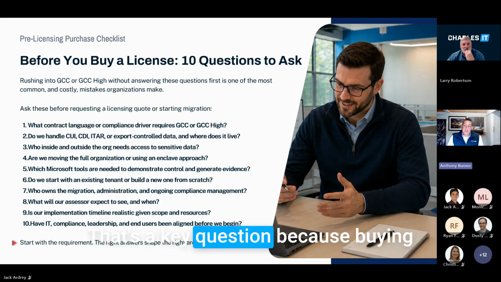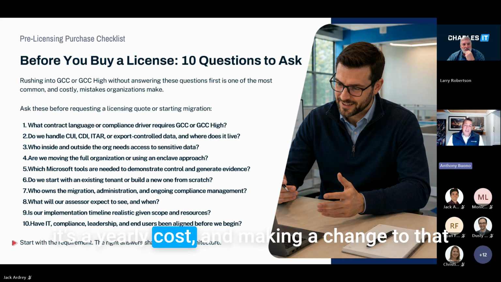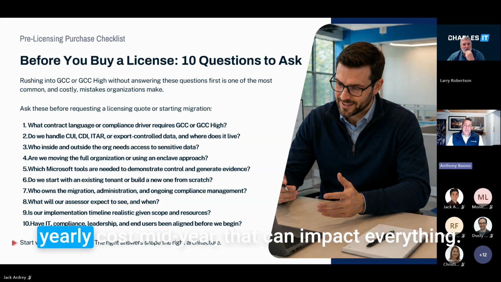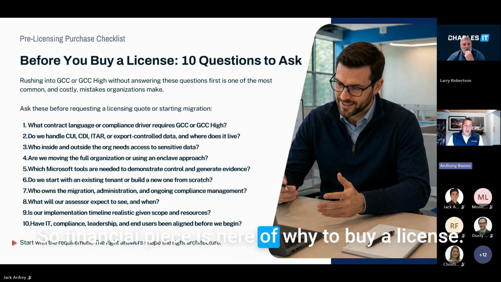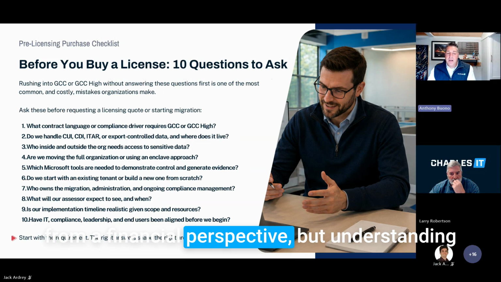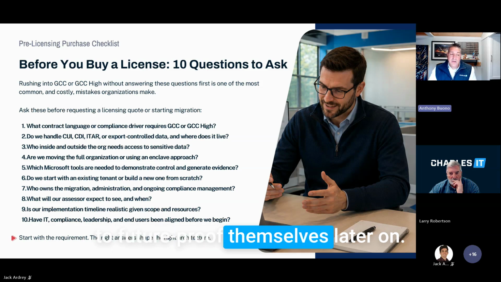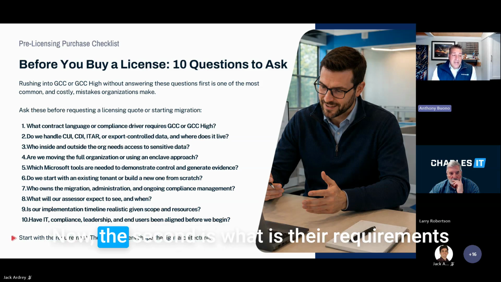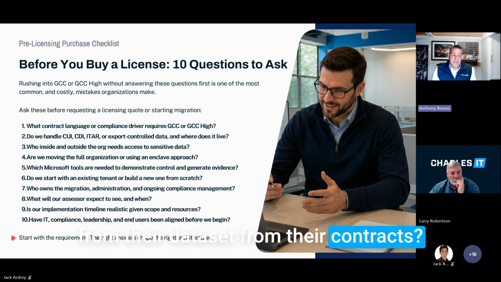That's a key question, because buying the license today is an investment. It's a yearly cost, and making a change to that yearly cost mid-year can impact everything. So there are financial pieces here of why to buy a license, but it also helps them future-proof themselves later on. Now, the second is, what are the requirements from their data set, from their contracts?